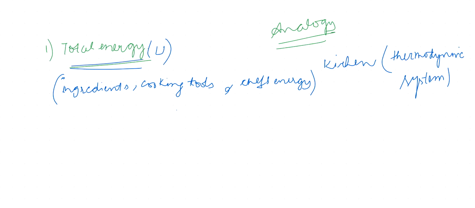What is total energy? It is Q minus W. What is Q? Q is the heat added. And what is W? W is the work done.